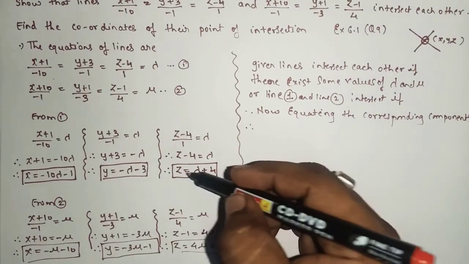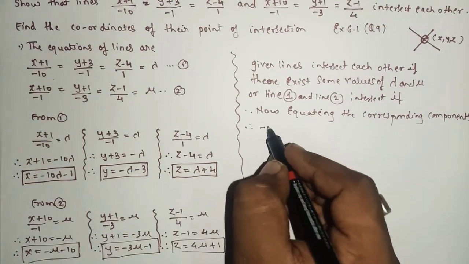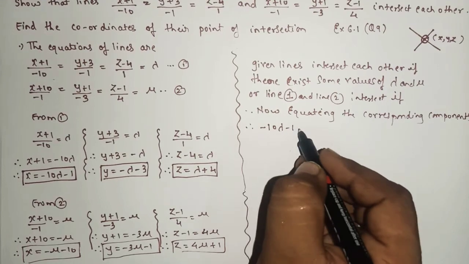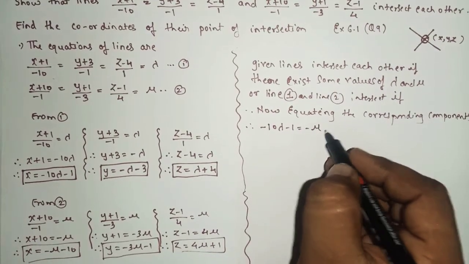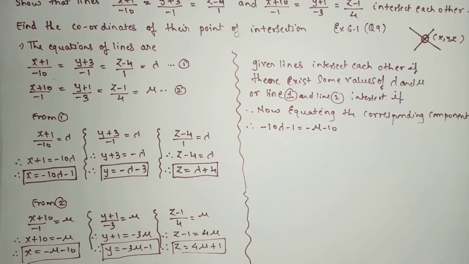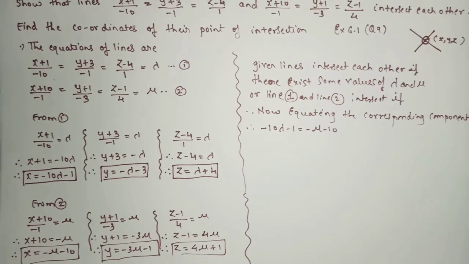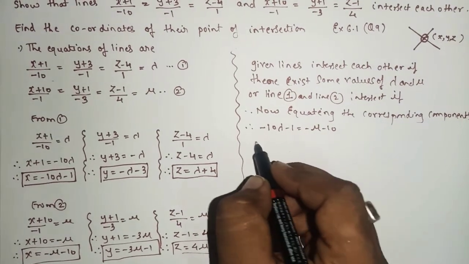So from these two we come to the conclusion that the x are the same, so minus 10 lambda minus 1 equals minus mu minus 10. Here we'll solve this part.